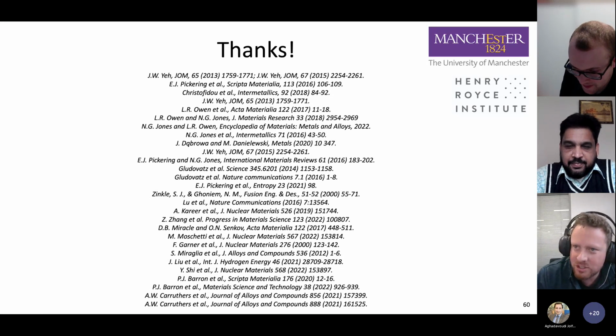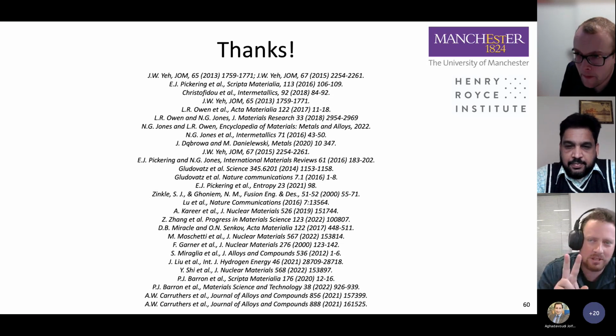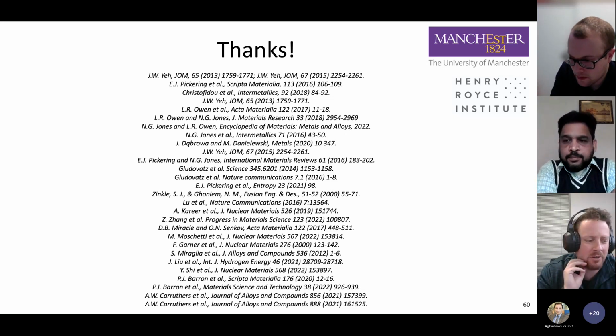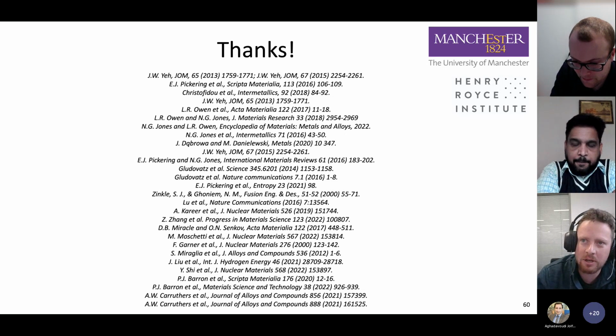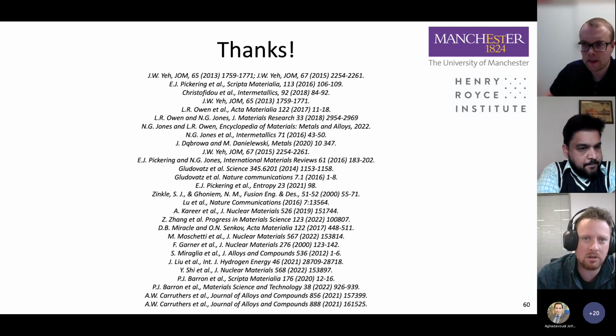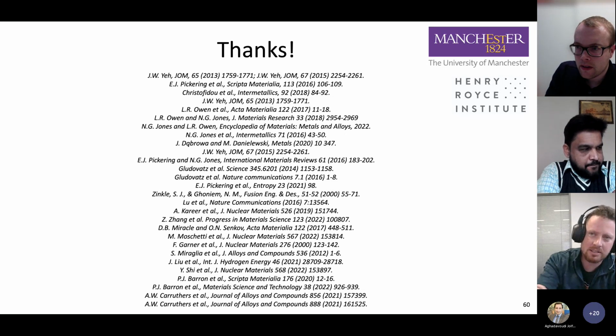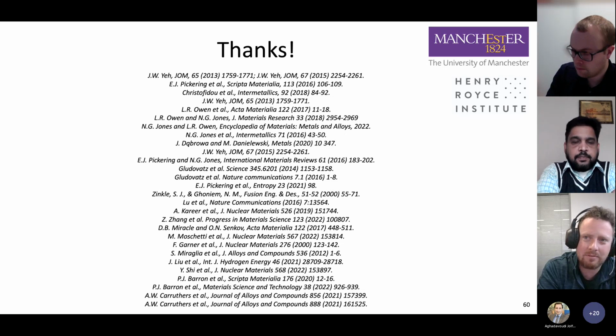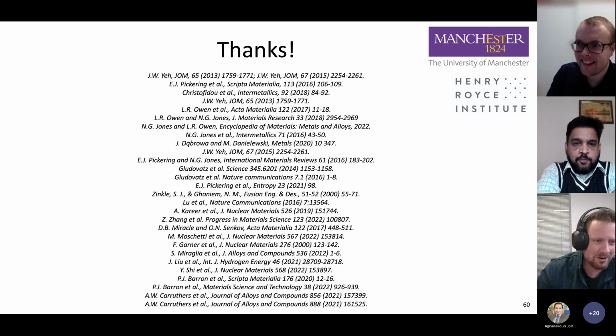I guess a general one, or two questions, if I might. The first one's more of a general one about high-entropy alloys. Obviously a lot of alloy design now is starting to take into consideration recycling, and what you're talking about here with nuclear is less of a problem because we're so worried about how radioactive it is.